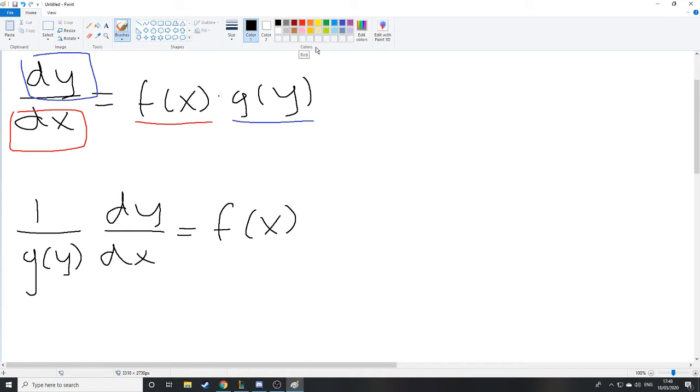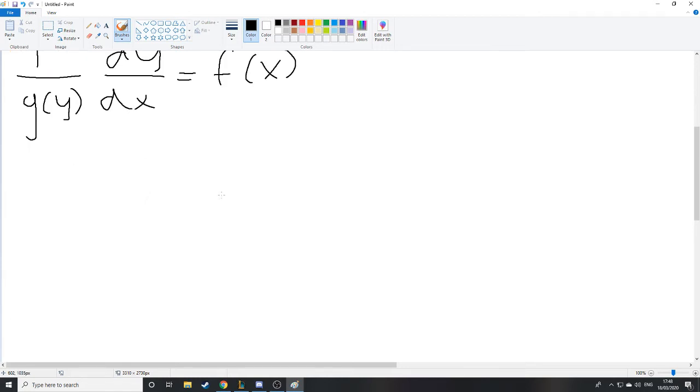It kind of looks like you're timesing both sides by dx, which you can think of it that way, I suppose, but dy by dx isn't actually a fraction, so you shouldn't always think of it like that, but it does actually work in this case.